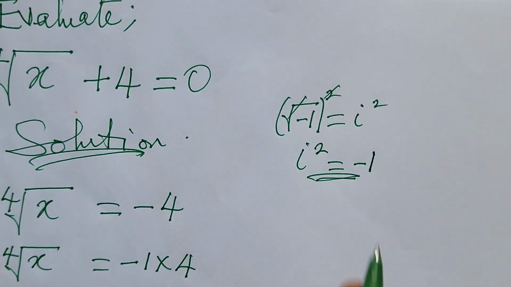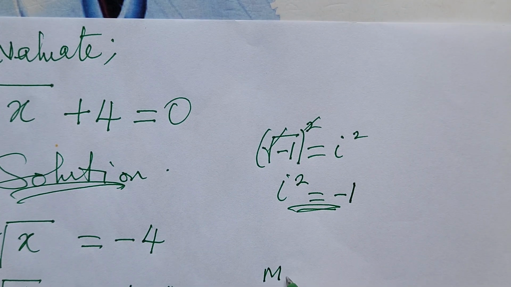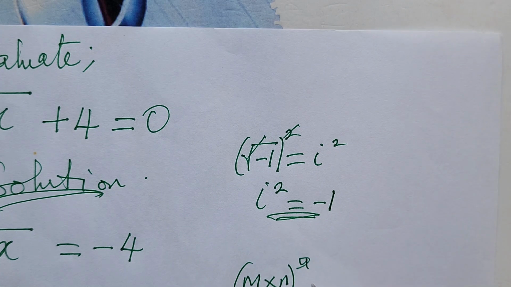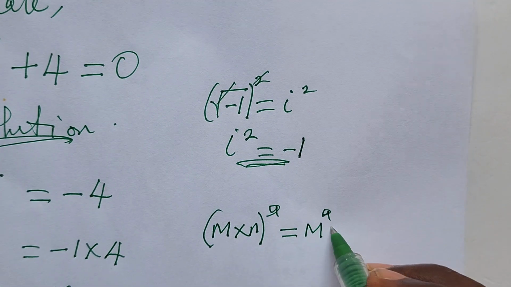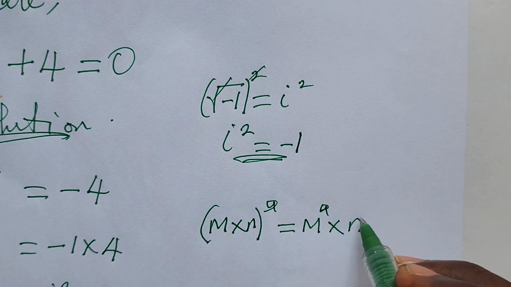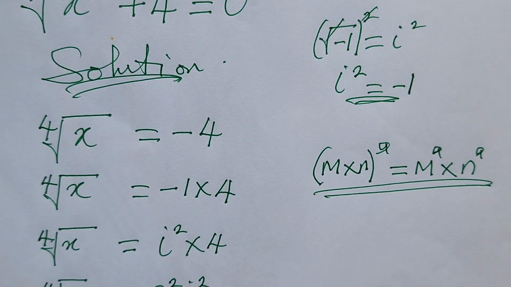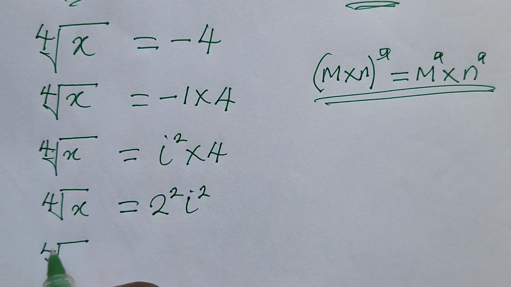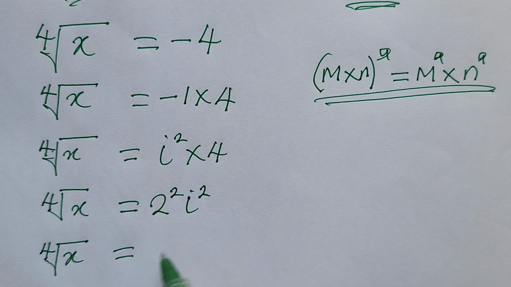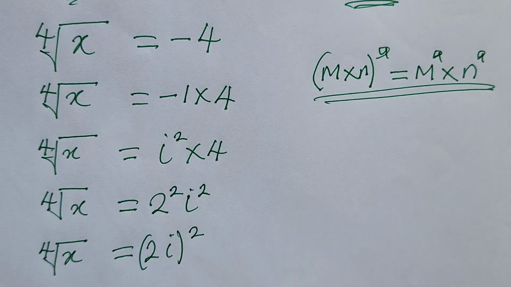Now recall the law of indices: (m times n) all to the power of a is the same thing as m to the power of a times n to the power of a. Remember this law? We can use it to rewrite this expression. So the fourth root of x is equal to (2 times i) all to the power of 2.